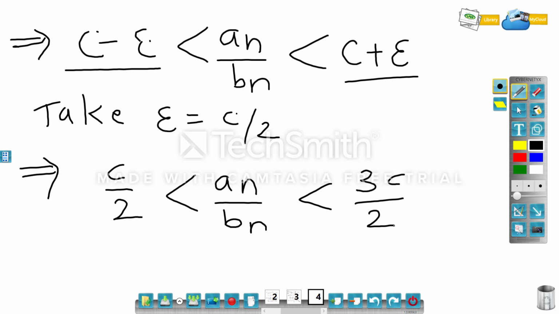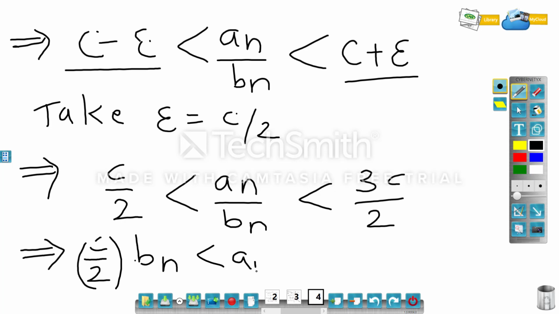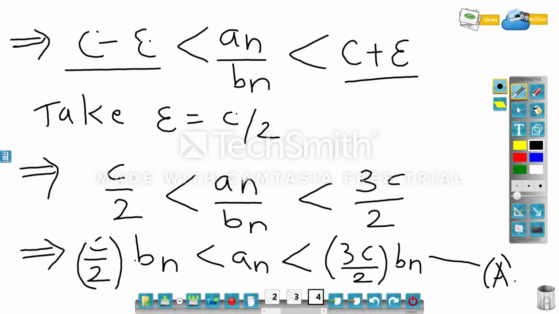Multiply this inequality by bn. Since bn is non-negative, the inequality remains the same. So we will have c by 2 times bn is less than an is less than 3c by 2 times bn. This inequality we will label as inequality A.